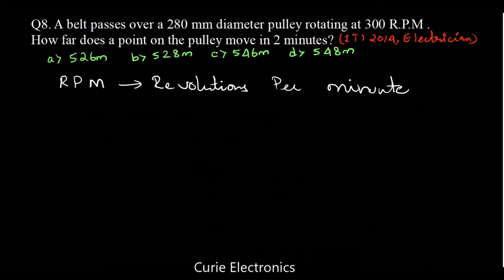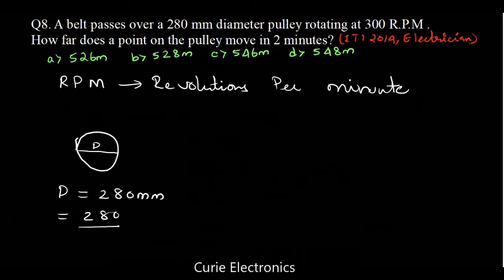And here, see, we have the pulley, and the diameter, this is D. D equals how much he has given? 280 mm. The answer is in meters, so we have to convert into meters. That is 280 upon 1000 to convert mm to meter.